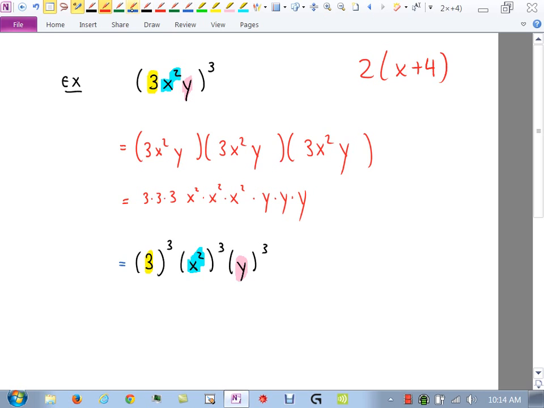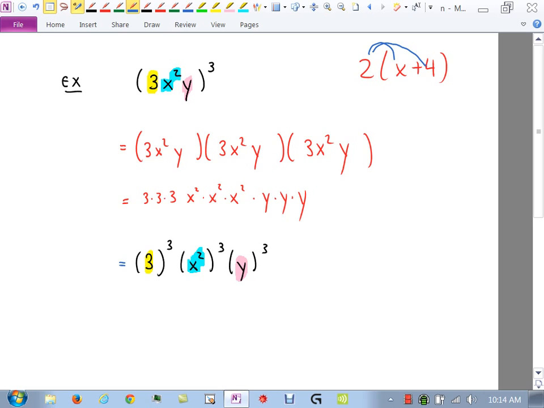You distribute the 2 through the parentheses. That is 2 times x, 2 times 4. This is a very loose usage of the word distribute. The 3 is actually a power. We're not multiplying it, we're raising to that power.